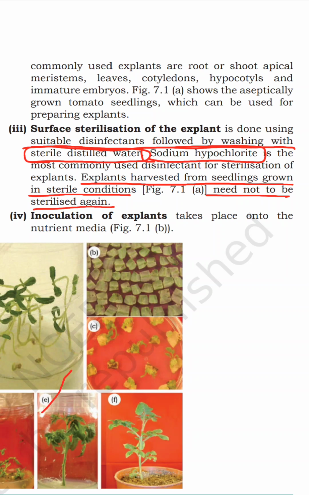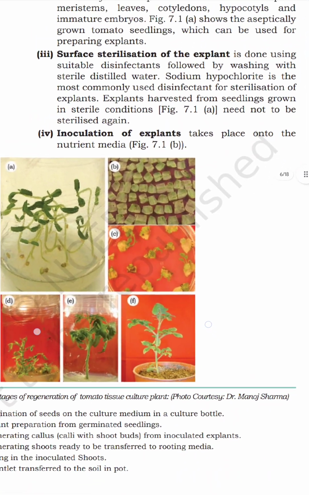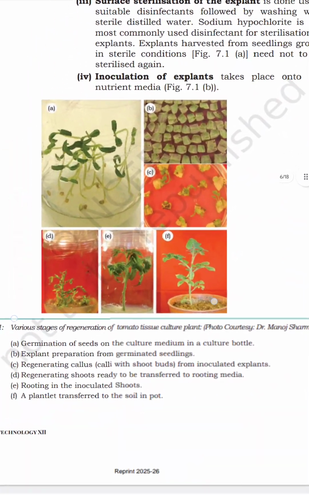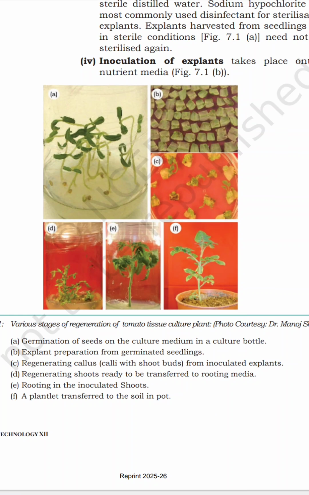Then the inoculation process takes place in a nutrient. Here we can see that small seeds are kept inside the glass, and then some nutrient medium is placed, and the seedling process starts. Here a callus-like structure is generated.